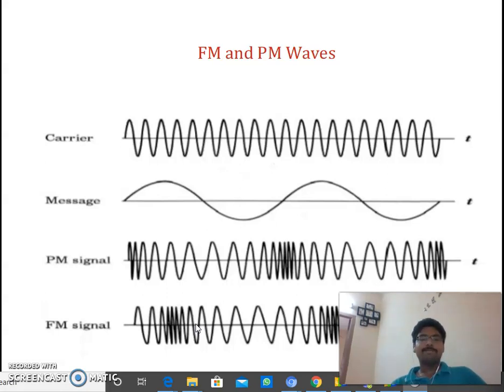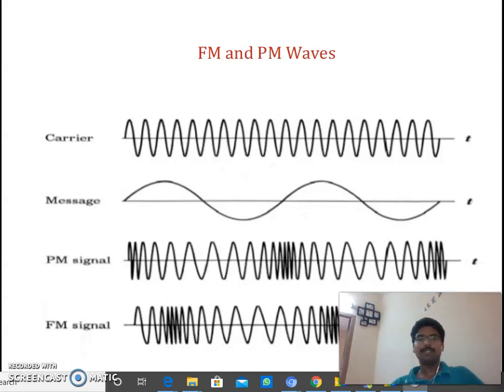So fc plus kf into m of t is the instantaneous frequency, right? Because fc is the actual frequency, but the frequency is changing according to the amplitude. That is what an FM signal is. So fc plus some constant kf into m of t is the change in the frequency, based upon the message signal m of t.